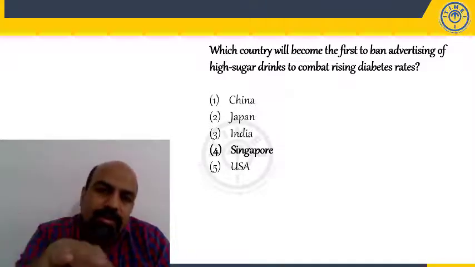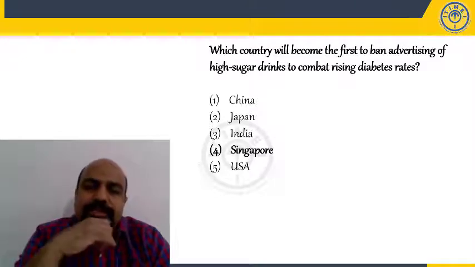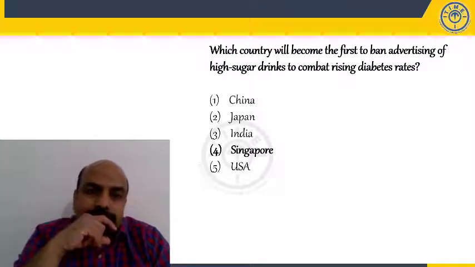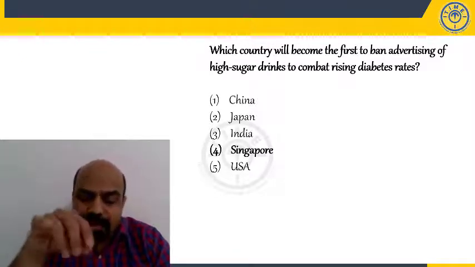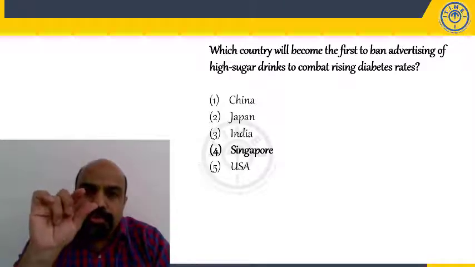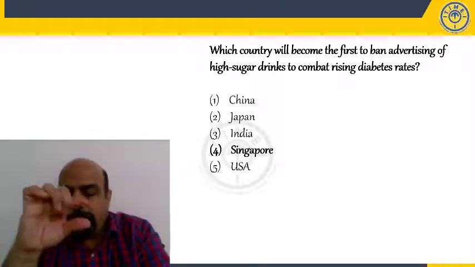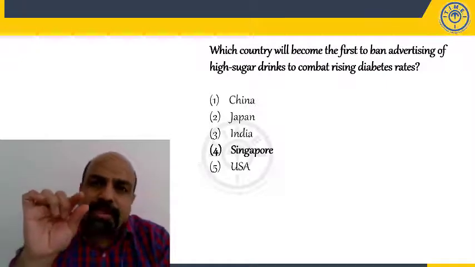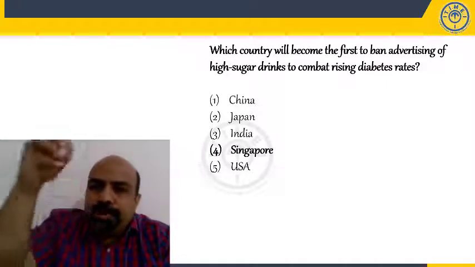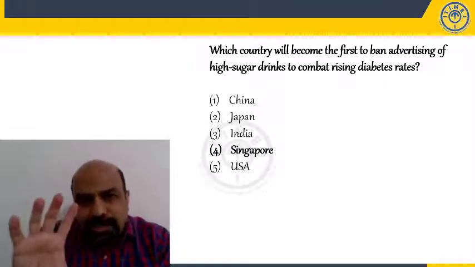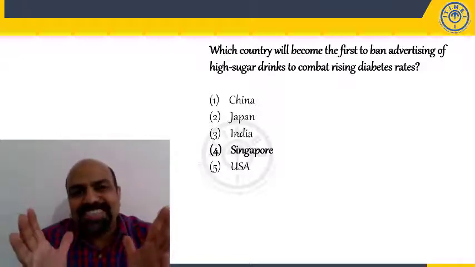Pepsi has 41, Coke has 39.7. Take 40 on average. Do you know how much that is? Take sugar cubes, one is generally 4 grams. You drop 40 grams of sugar cubes into a glass of Coke, that is the sugar that you drink.